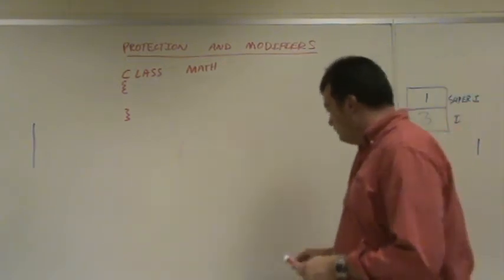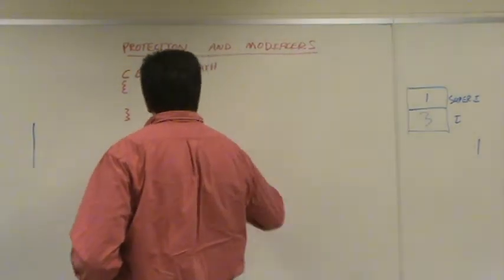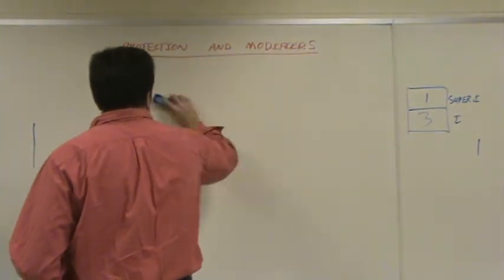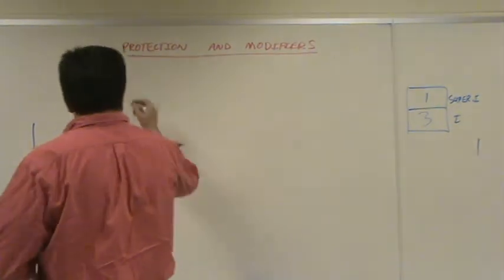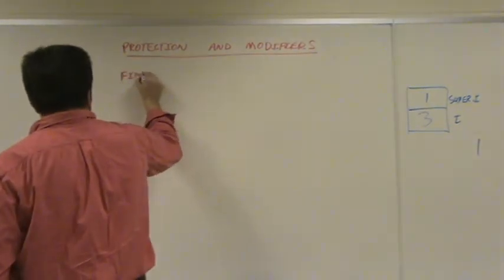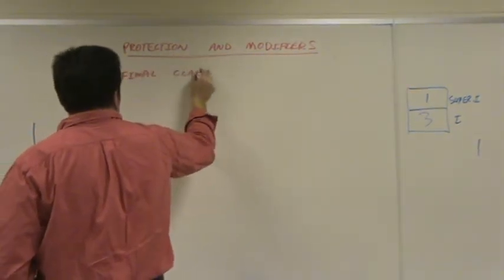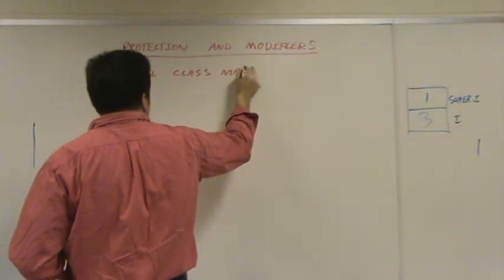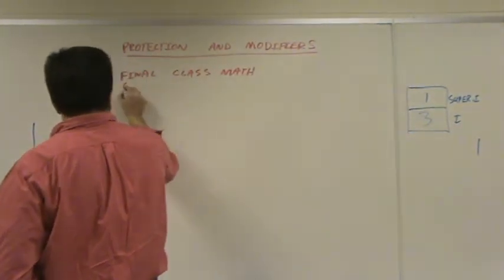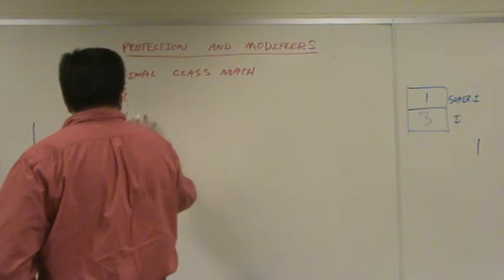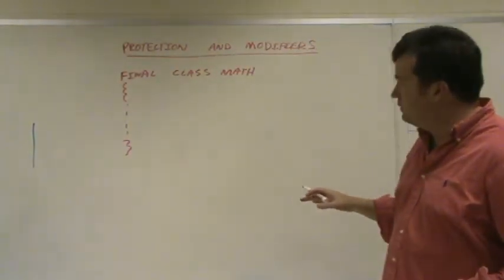So there's a keyword, final, and the Math class has it. The Java Math class is a final class, and it has all the functions like square root.